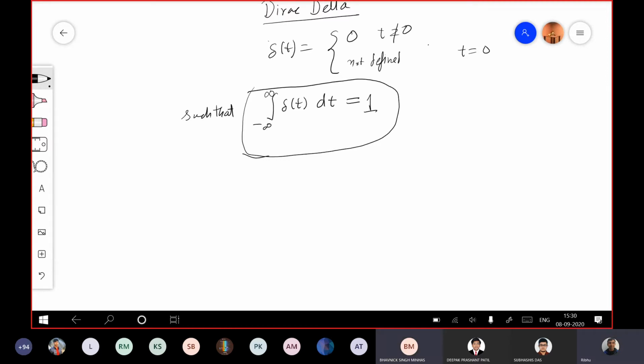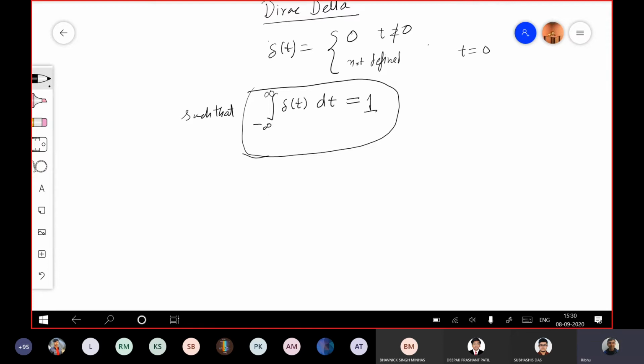It's for an instant, but then this integral will not be defined. So you can define it with delta, where delta tends to 0. One definition is that I define this function f of delta t.